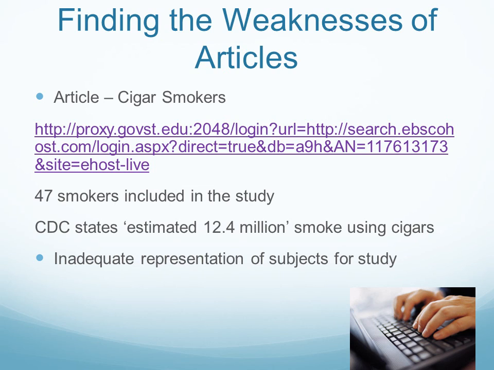This is regarding cigar smokers. And in this article, the sample was 47 smokers used. Now, we saw in the last article that we looked at, there were over 7,000 people that were patients and that were being studied. Well, in this one, there were only 47 smokers that were used.